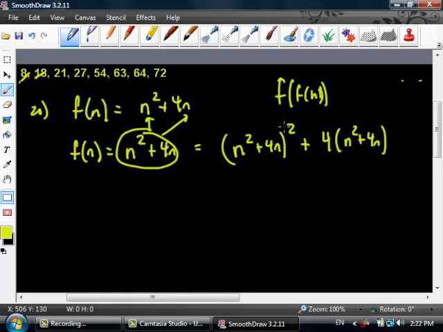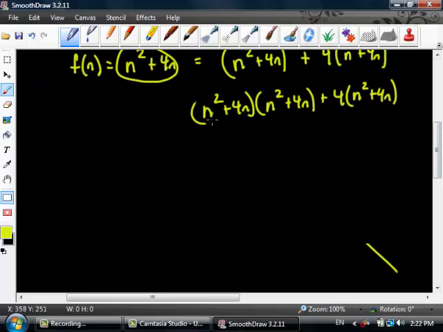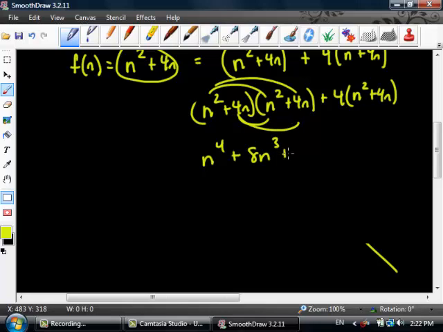So now let's go ahead and FOIL this out. This is n squared plus 4n times n squared plus 4n, plus 4 times n squared plus 4n. A little bit of math here. N to the 4th plus 4, 8 of them, 8n to the 3rd plus 16n squared plus, distribute this in, I get 4n squared plus 16n.